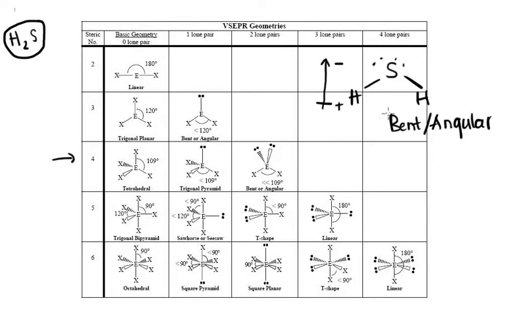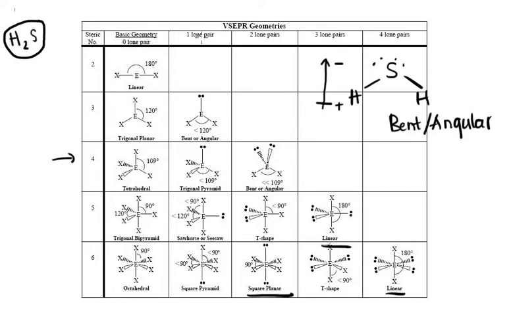Now, a good way I like to think about polar or non-polar molecules: all the basic geometries are non-polar. All the linear molecules are non-polar, and the square planar is nonpolar. The rest are all polar. That's just something you can keep in mind.